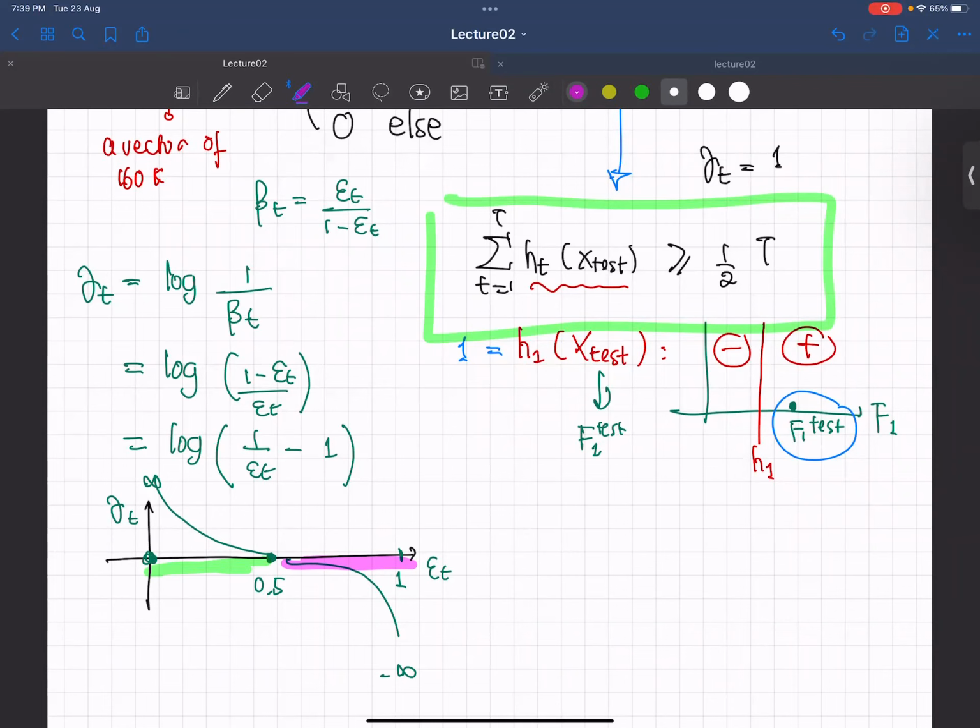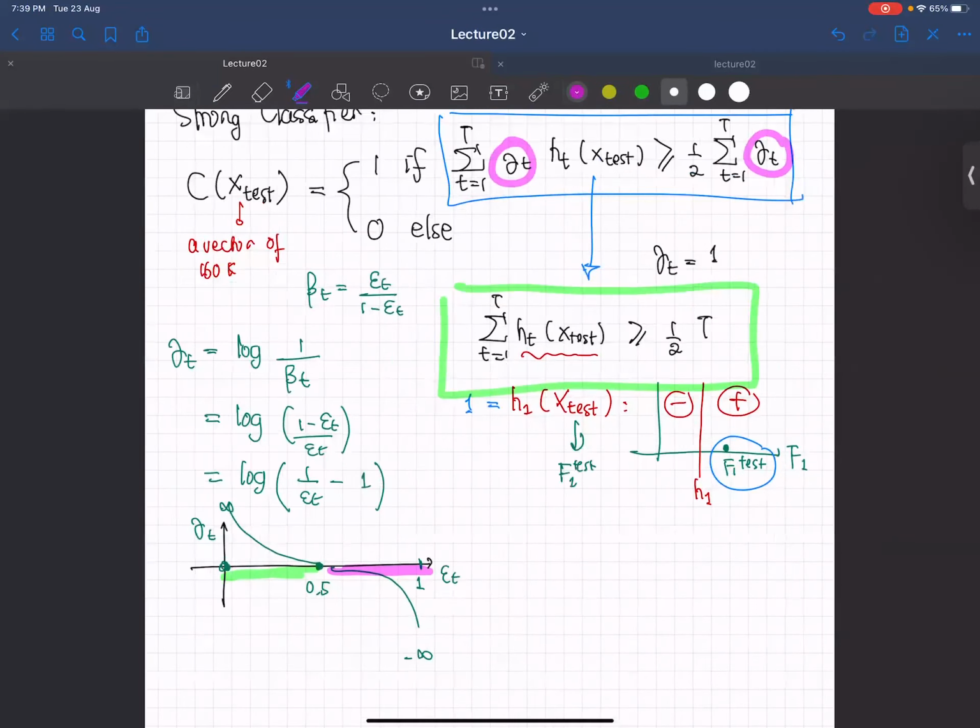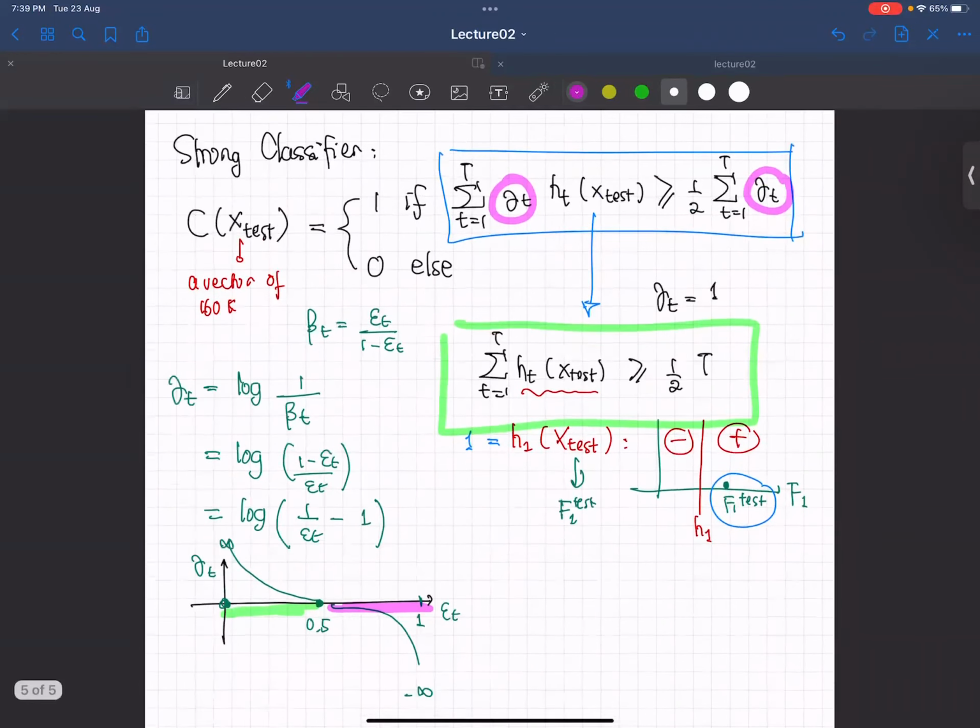So we know now that if gamma t is positive, then it's a good classifier. If gamma t is negative, then it is a bad classifier. That implies what we have here in the blue box.